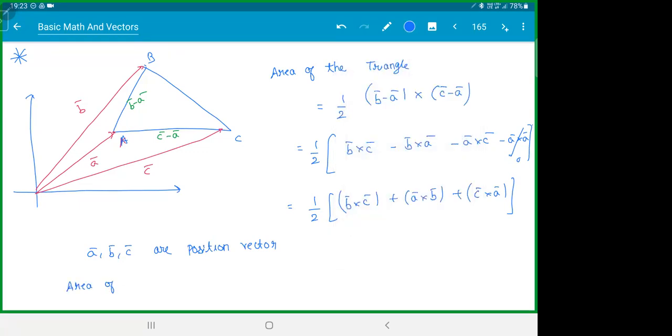So when you write the area of a triangle, this is half, and these are the side vectors, AB bar and BC bar, the vectors of the sides. So position vectors and the side vectors are not the same.